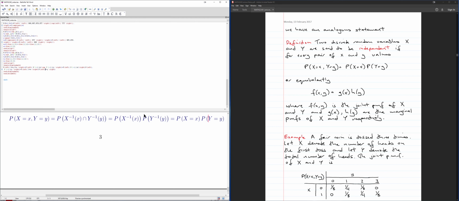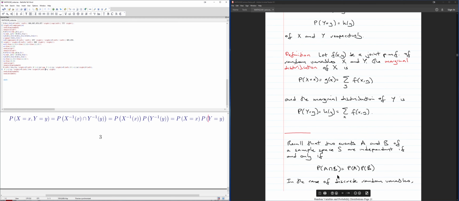Similarly, Y inverse of y is equal to probability Y equals y. So this definition is basically coming from the definition of probability for the intersection of events, because in a discrete case, calculating a joint probability is in fact calculating the probability of the intersection of events.